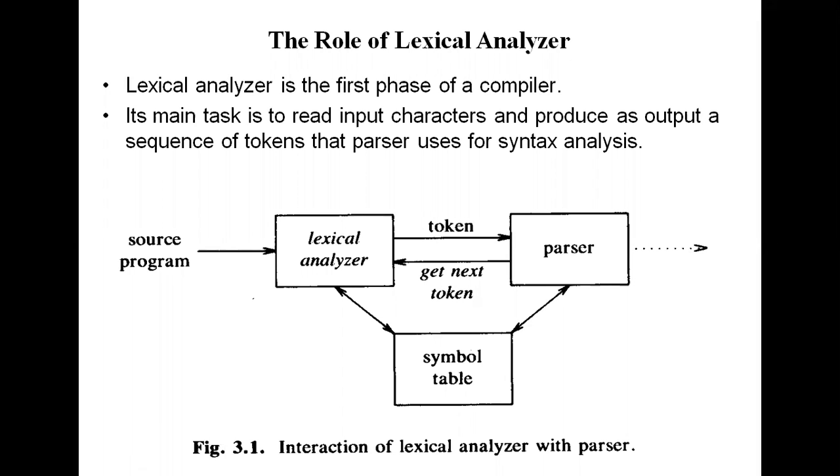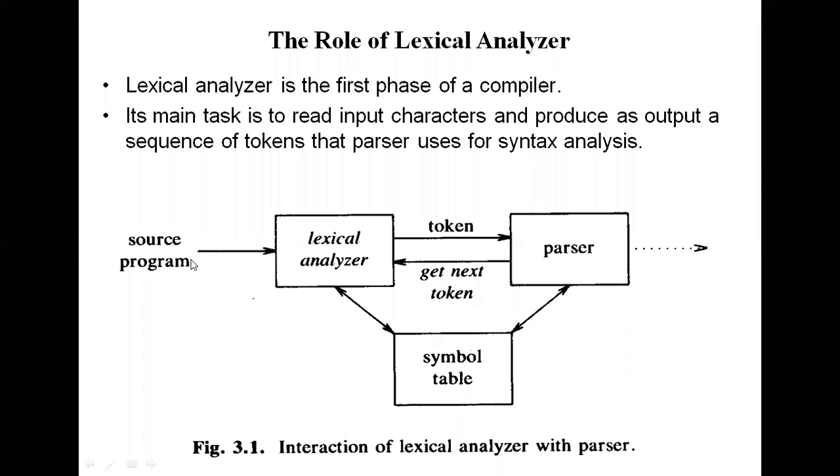For example, in the last class we saw the example position = initial + rate * 60. That is the translation statement that we implemented by using the phases of compilers. That is the source program here.